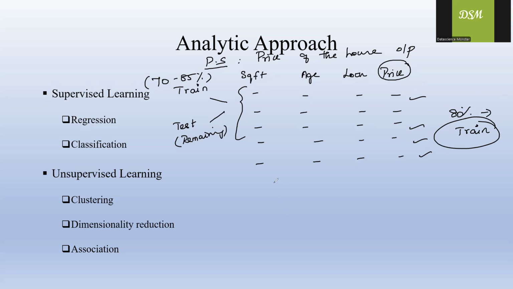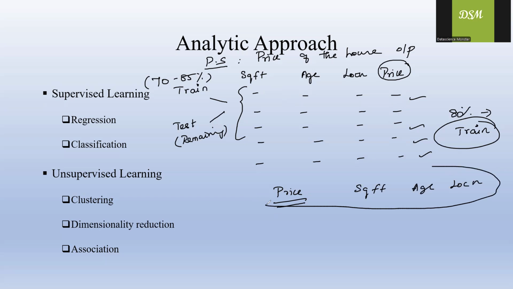So it would be coming up with the relationship between price, square feet, age, and location. Right? So price is the output. So the model is trained with this labeled data. Labeled is basically price here. With the first observation, third, fourth, and fifth observation, we are building the relationship.